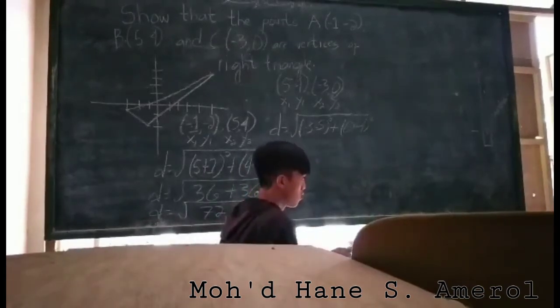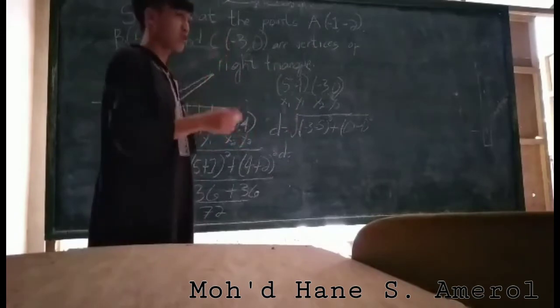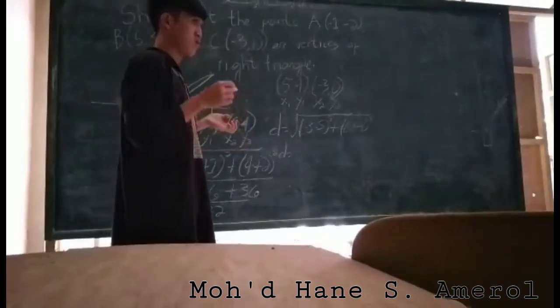Negative 3 minus negative 5 is negative 8. Negative 8 times negative 8 equals 64.